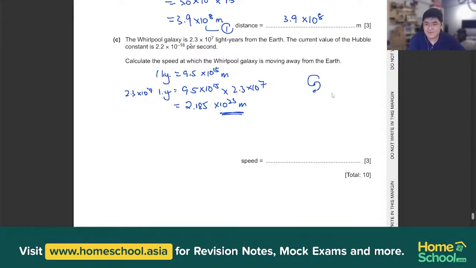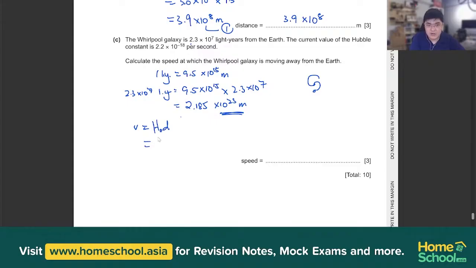Okay, fantastic. Now we also are given the Hubble constant, which is 2.2 times 10 to the power of minus 18 per second. So let's write down this equation here. v, the velocity at which the object is moving away, is equal to the Hubble constant, H naught, multiplied by distance away, which is this d.